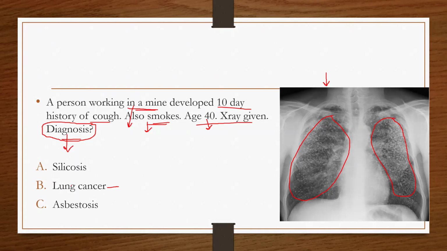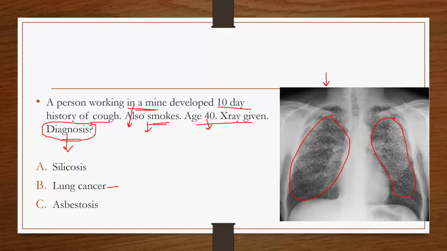Now think about lung cancer. In lung cancer, all of you know the profound thing that you will see in the X-ray would be a lesion, a lung mass. In a primary lung cancer, you will be seeing a lesion, or a hilar lesion or a lobar lesion.